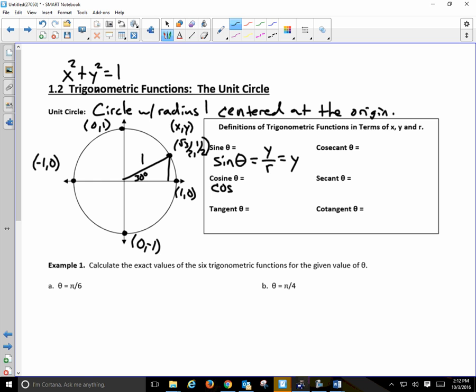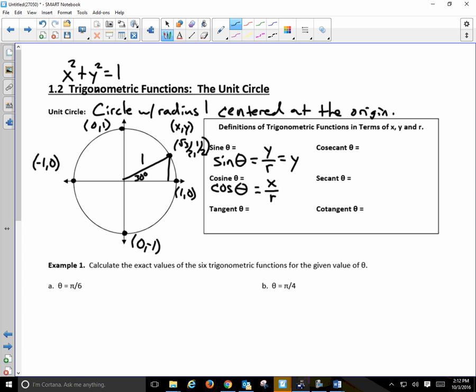The cosine, don't say cos. You're taking trigonometry. My daughter Tenley's in kindergarten. If she says cos, I get it. I'm proud of her. She knows C and O and S. Good for her. She's learning her alphabet. You guys say cos, you're wasting my time. Say cosine. Cosine of theta is x over r.